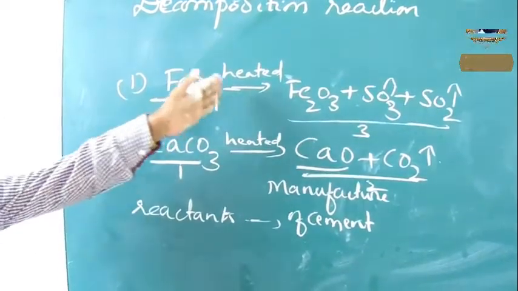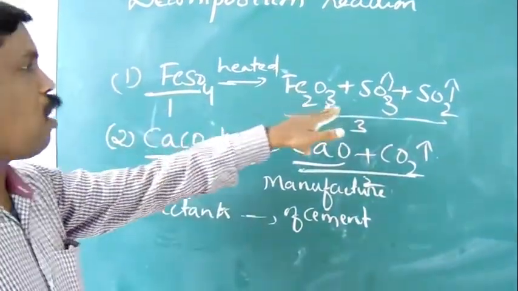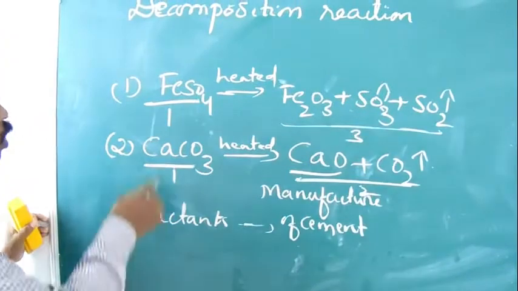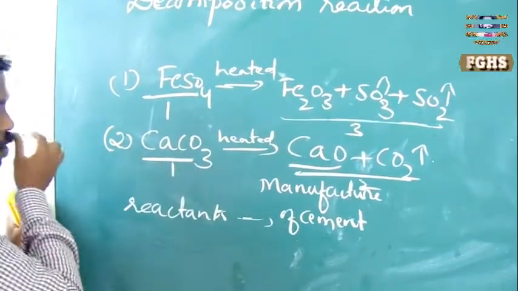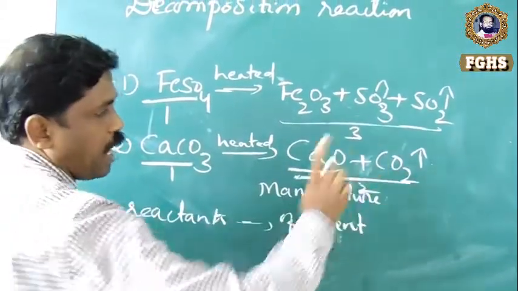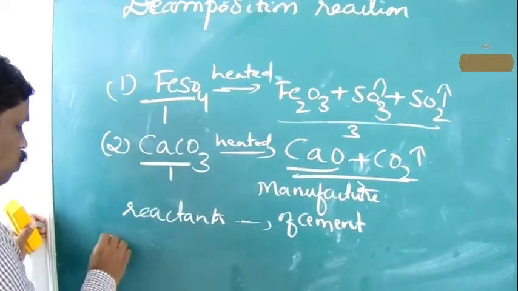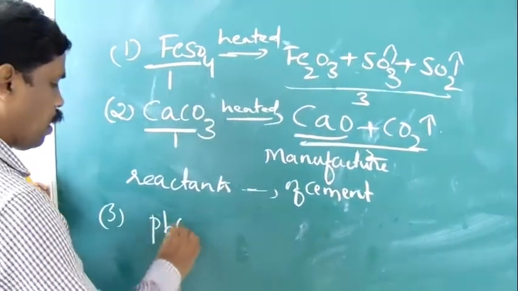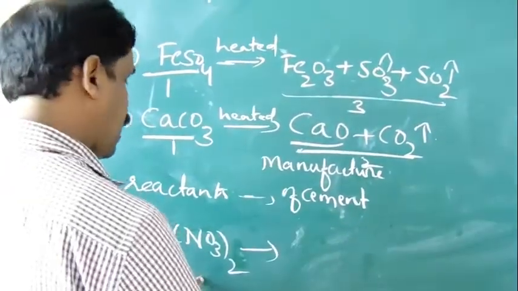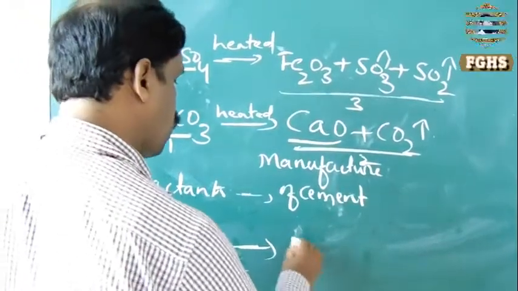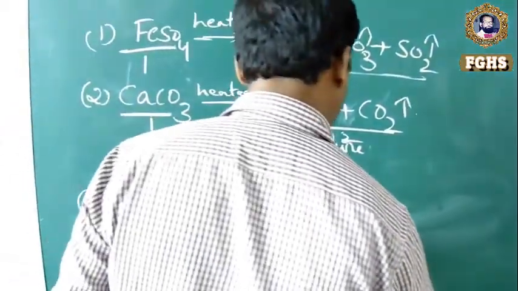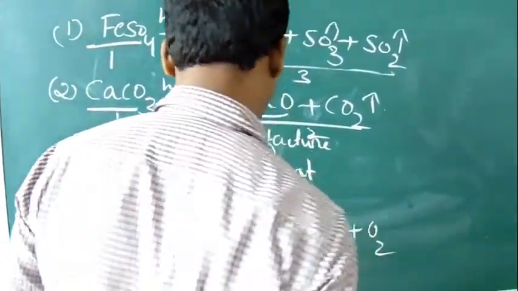When ferrous sulfate is heated, it gives ferric oxide plus sulfur trioxide and sulfur dioxide. When calcium carbonate, also called limestone, is heated, it gives calcium oxide plus carbon dioxide. Let me write one more equation. When lead nitrate is heated, it gives lead oxide, nitrogen dioxide plus oxygen.